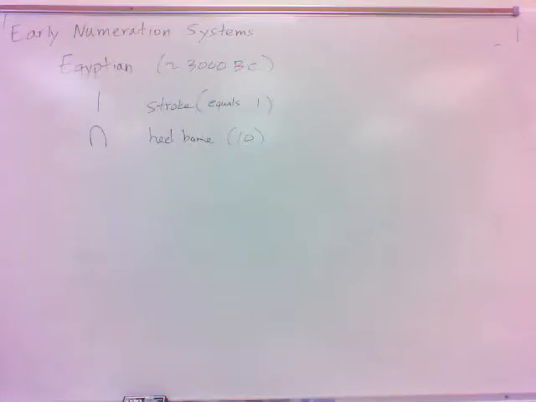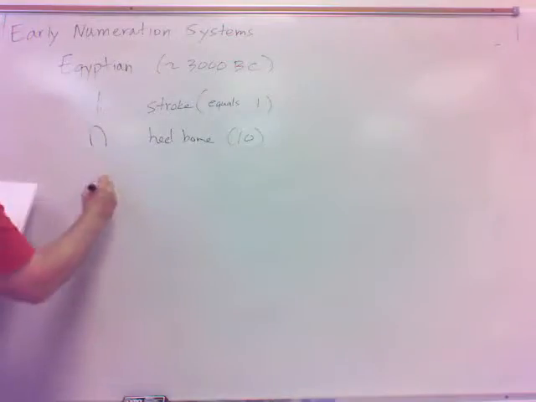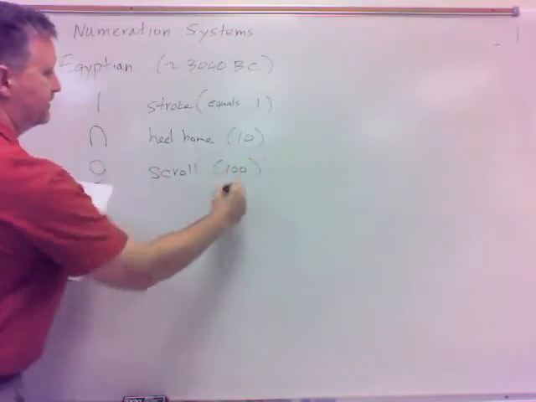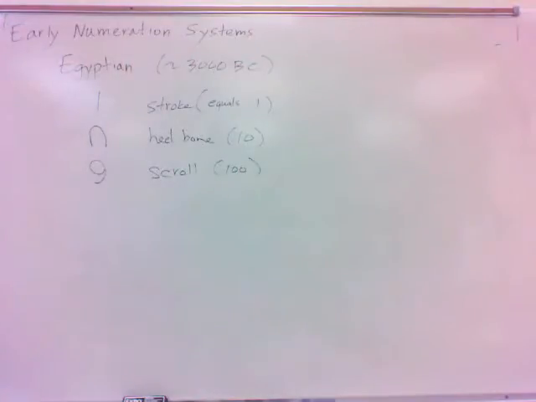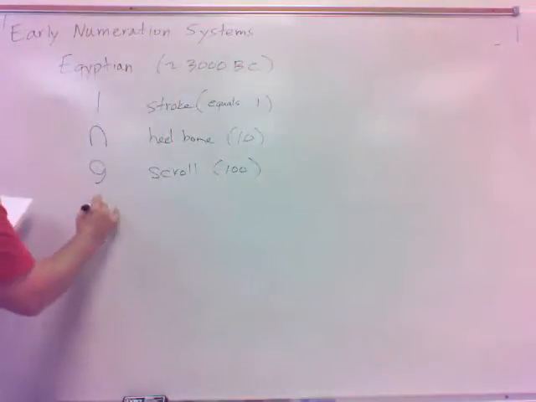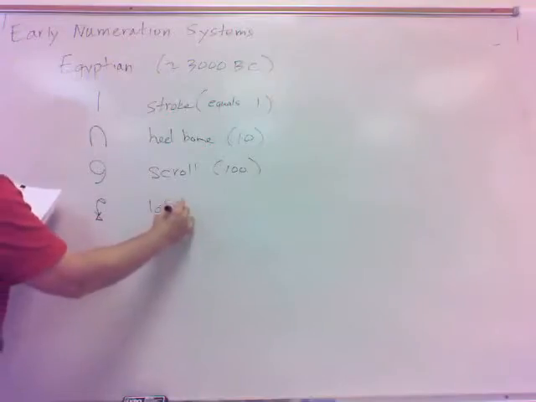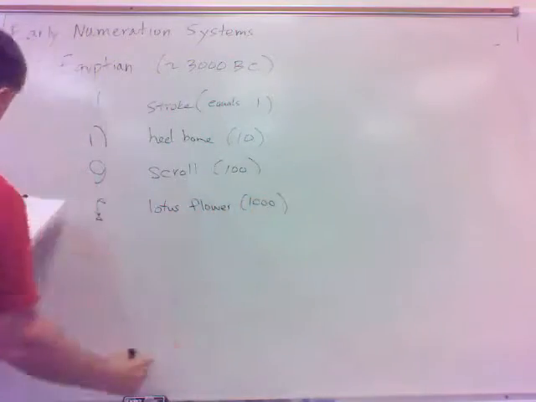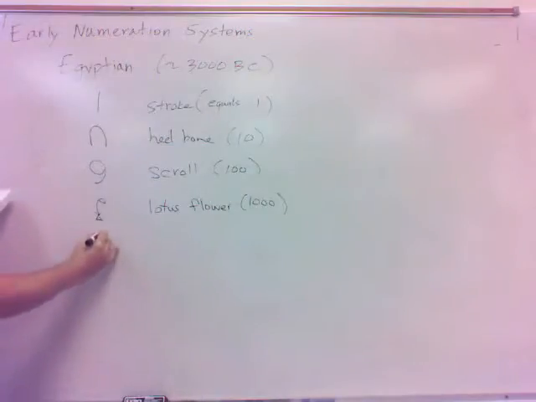The next mark was for 100, and it was the scroll, because it resembled kind of an unraveled scroll. But yeah, it went to the next power of 10, which is 100. Then, of course, what would be next? 1,000? 1,000 was this little flower-looking thing, supposed to be a lotus flower. That was 1,000. And then 10,000.